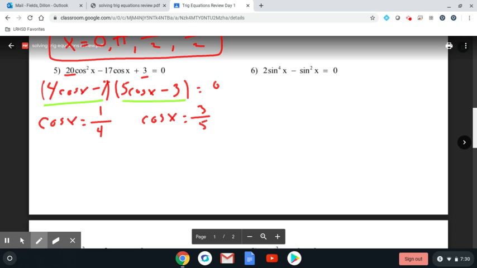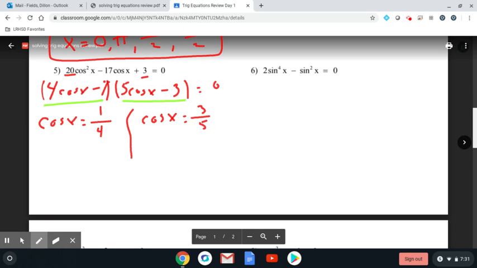Once you're at this step, I know before in problems number 1 and 3, we had special angles, but now when you're looking at cosine x is equal to 1/4 and cosine x is equal to 3/5, that should set an alarm off that you're working with non-special angles, because the 1/4 and the 3/5 are obviously not any special x or y value that we know from our special angles.